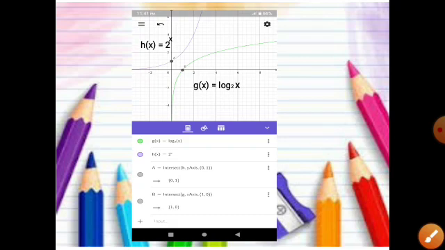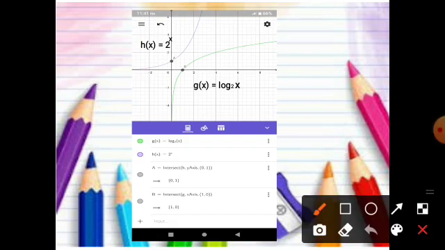The y-intercept of the exponential function is 0 and 1, while the x-intercept of the logarithmic function is 1 and 0. So you can see this.